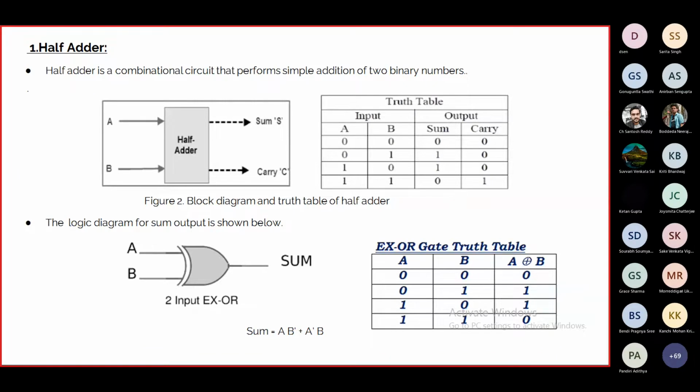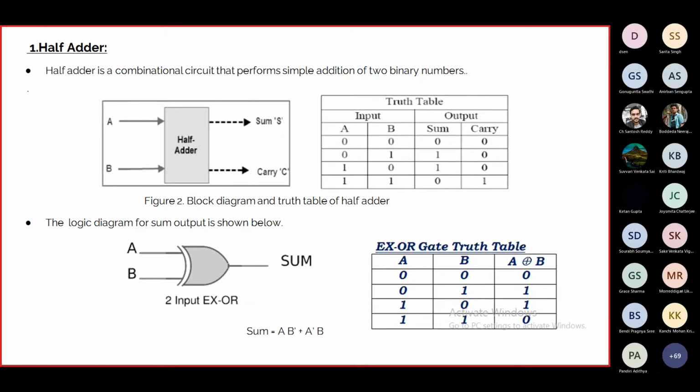If we assume A and B as the input bits whose addition is to be performed, the block diagram and the truth table of the half adder, with A and B as the inputs and sum and carry as outputs, can be tabulated as follows.